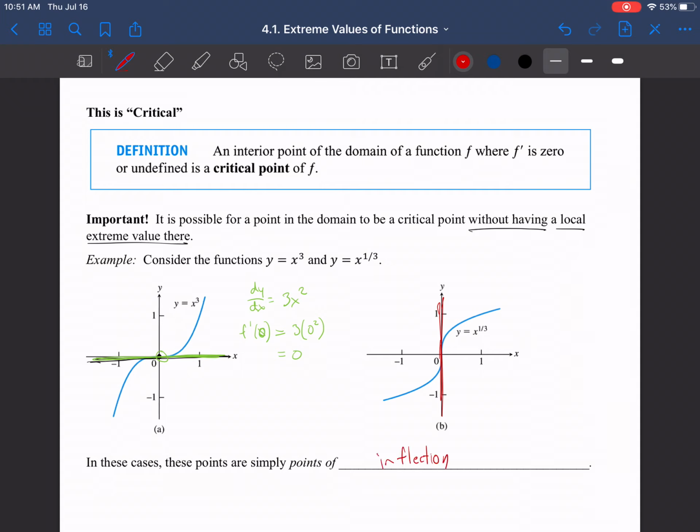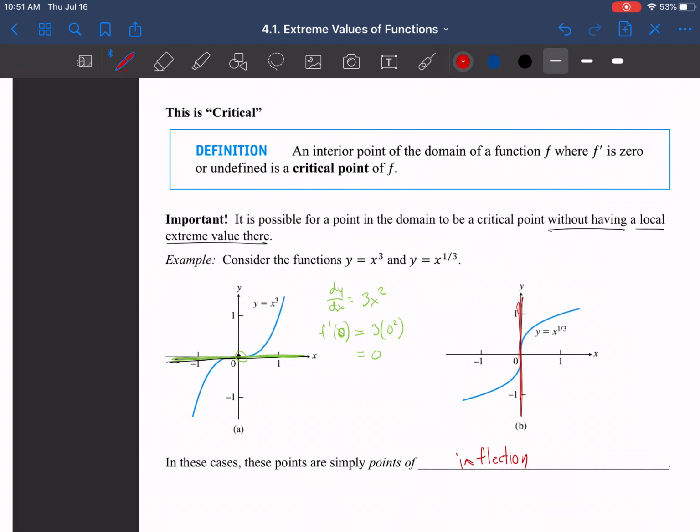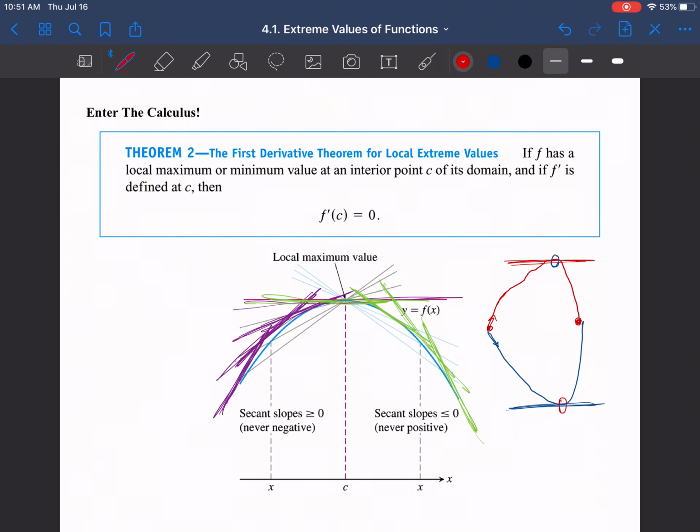So how in the world do you tell the difference between whether your slope of 0 was an inflection point or whether it was a maximum or minimum? If you look back here, notice that on this side of the maximum, we had positive slopes, we hit the 0 slope, and then our slopes went to being negative.